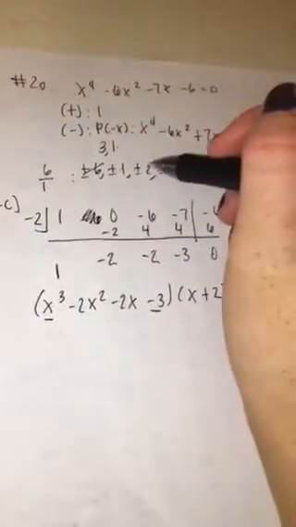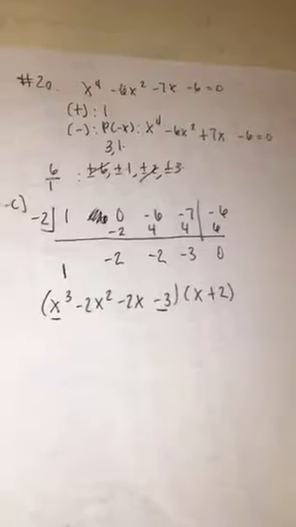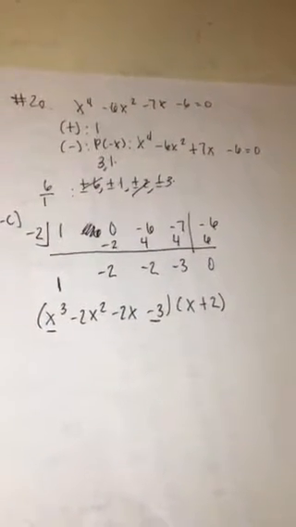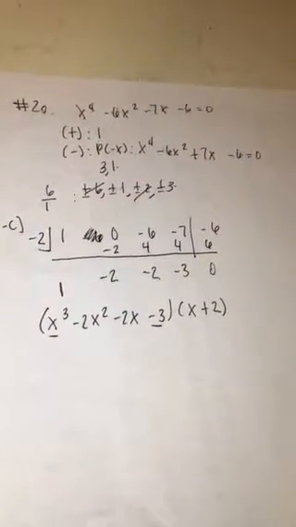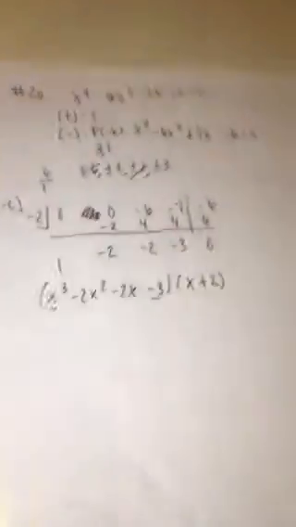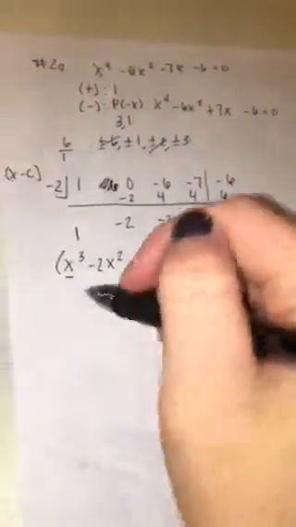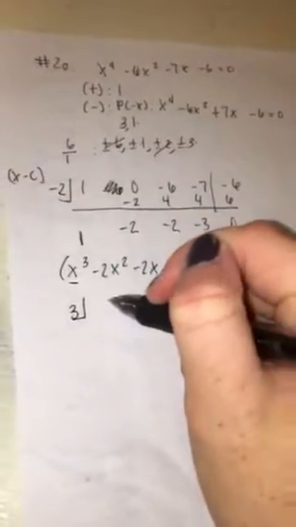There's no 6 and there's no 2, so it's either positive 3, -1, or 1, or -3. So we're just going to go ahead and start with 3. So you do 3, and then you go through and do synthetic division again.